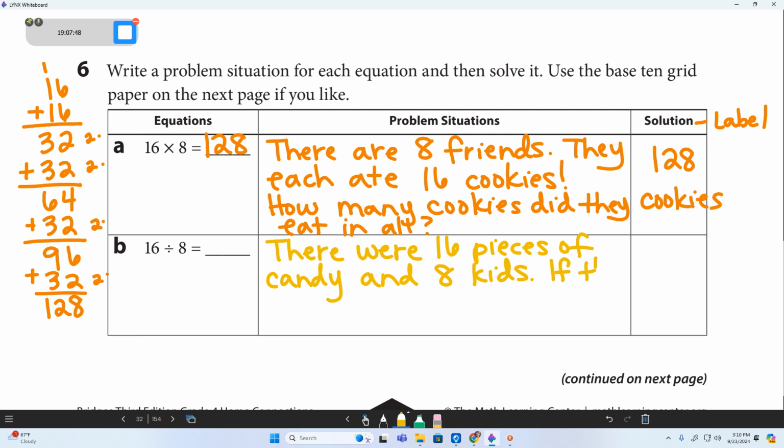If they split the candy evenly, how many pieces did each kid get?